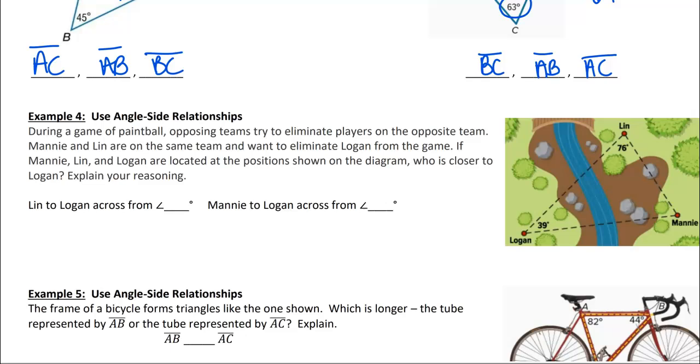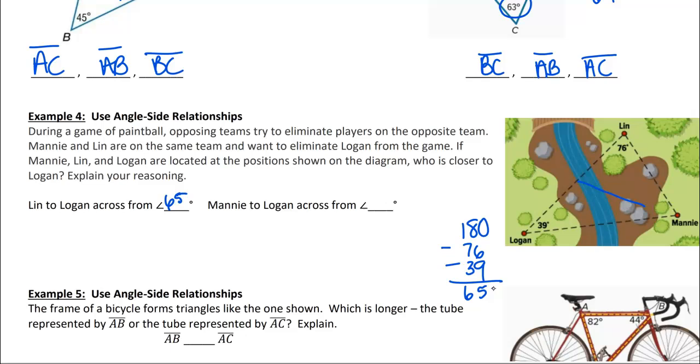All right, so we're going to see what they're across from. So if we look from Lynn to Logan is this segment here, which is across from our unknown angle. So let's go ahead and find it. 180 minus 76 minus 39, which is going to get us 65 degrees. 65 degrees? Nope, let's double check that math. Yep, it is 65 degrees. Okay.